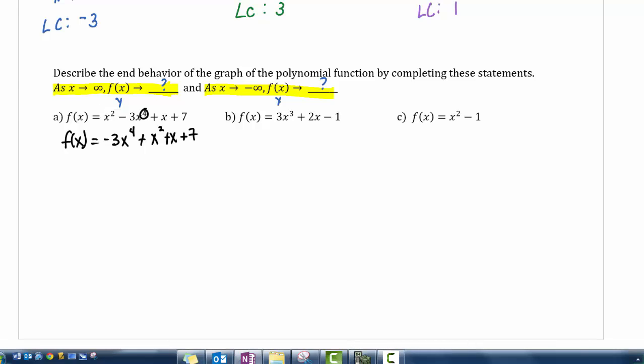Now, the leading coefficient here is negative. So without using my calculator, I can find the general shape. It is an upside down U because it's quartic and it's negative.